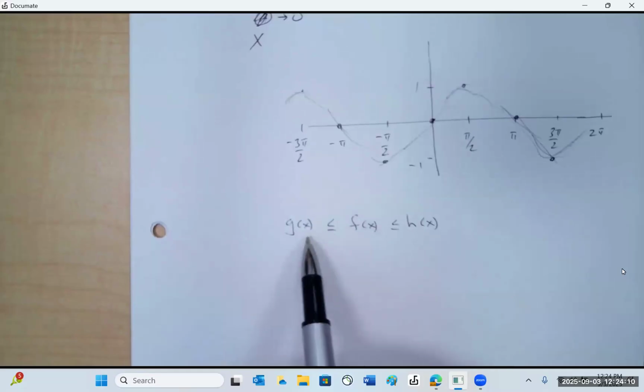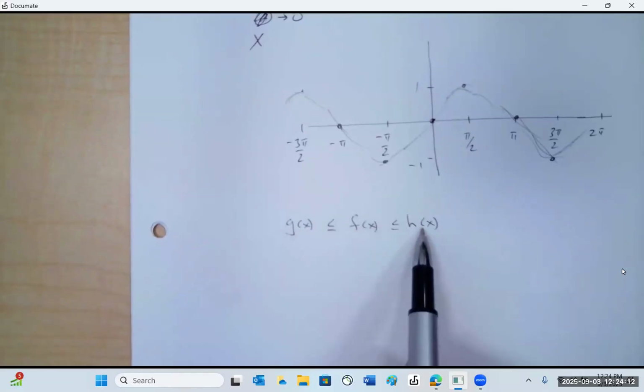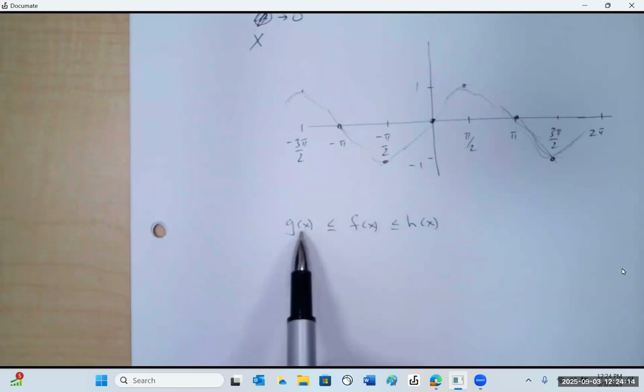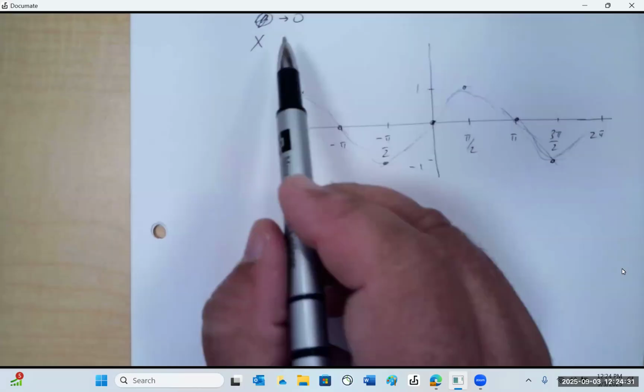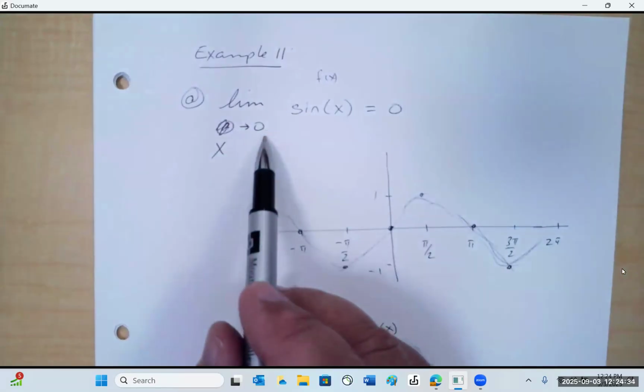We're looking for values for g of x and h of x that are below and above our function, or this graph. Which ones would you use? What equation would you use? But remember, we're trying to find a sandwich.